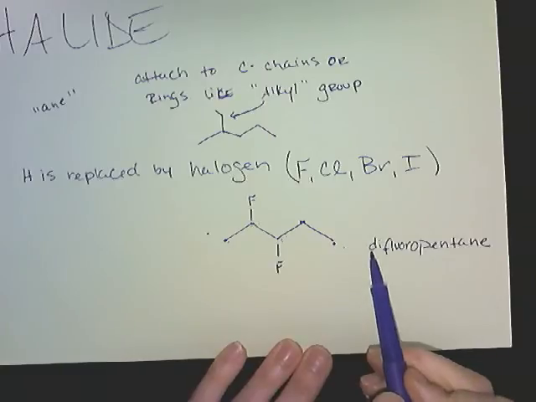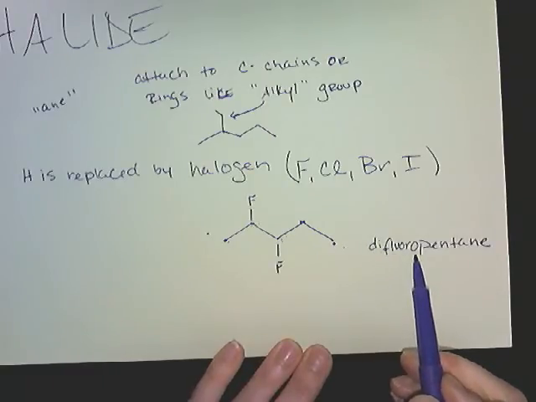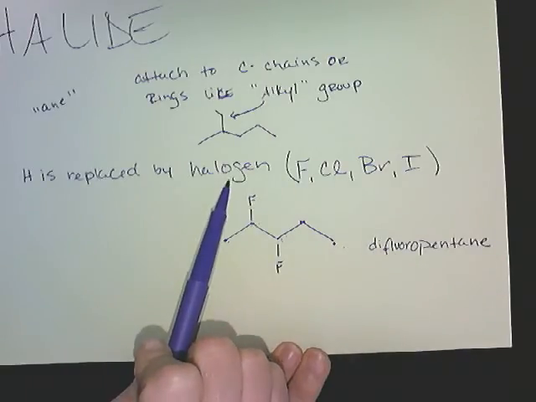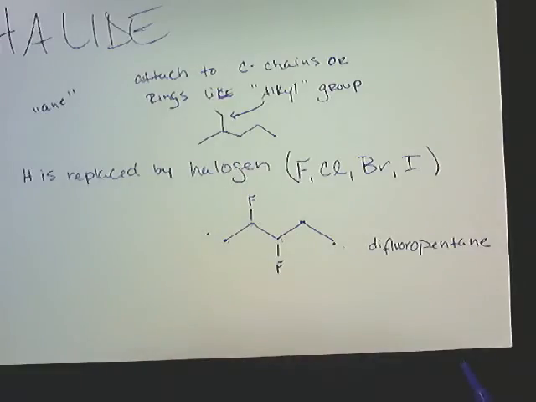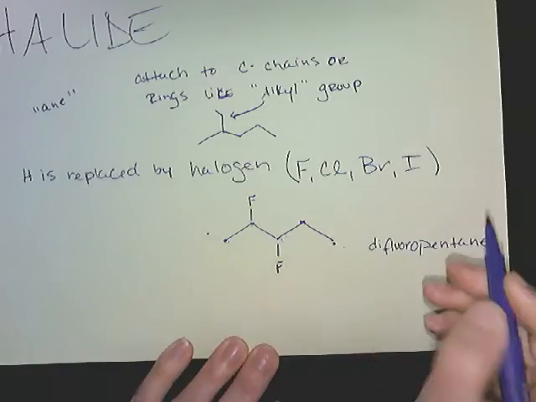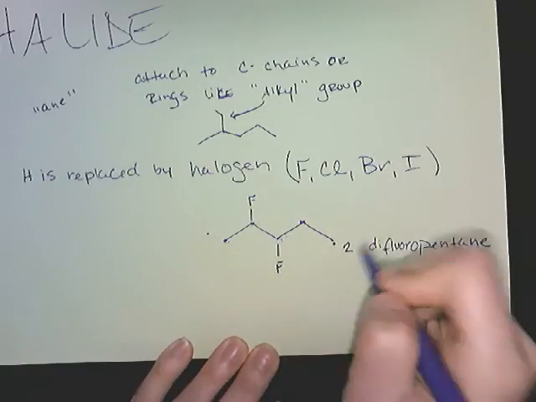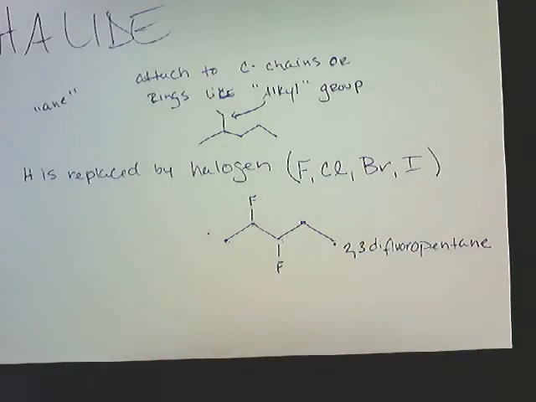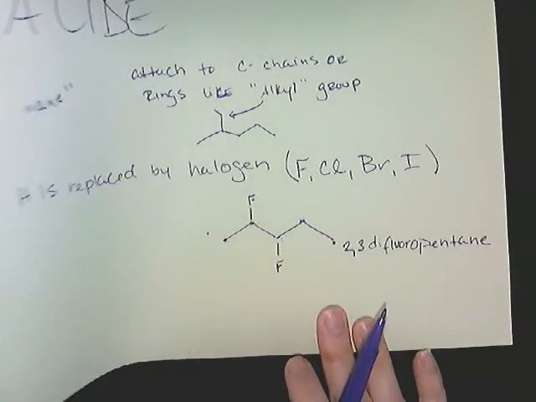And I want to know where these 2 fluoro halogen functional groups are. Well, they're on the 2nd and 3rd carbon. So we end up with 2,3-difluoropentane as our halide group.